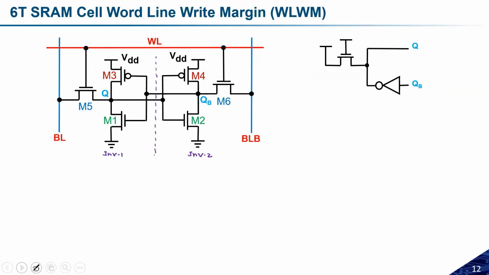If you see the second inverter, the setup is something like this. I will tell you what this VOL is. This is inverter number 2, and this is inverter number 1.